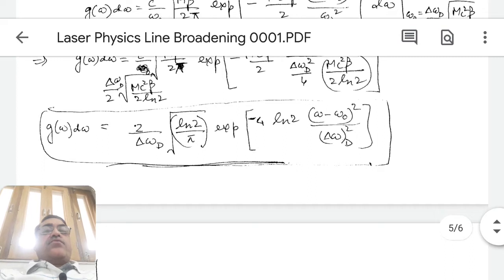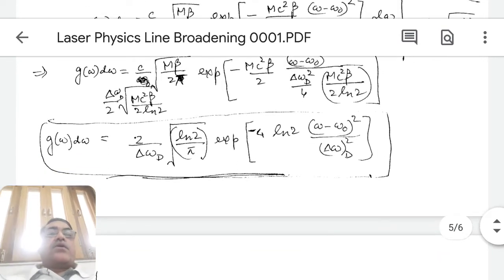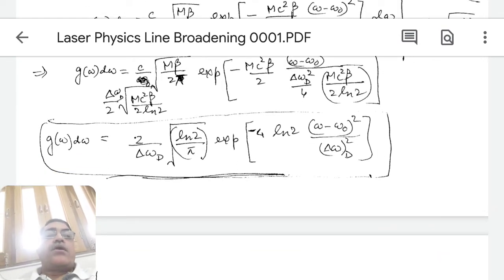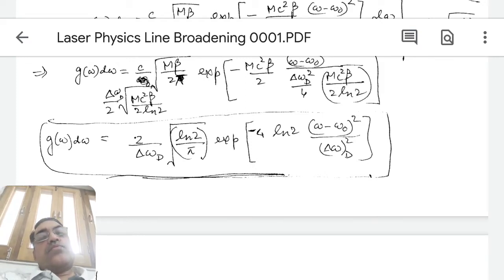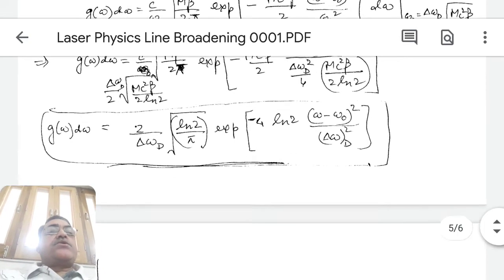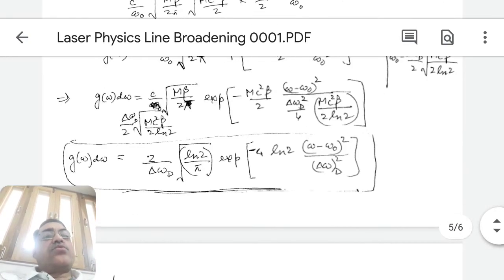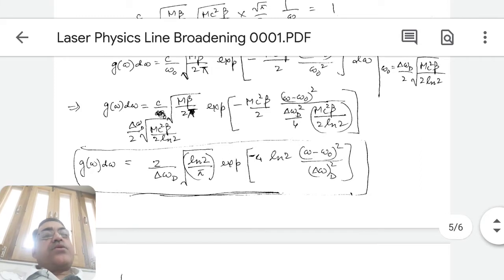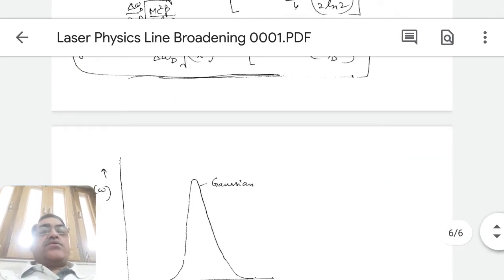And finally, what we obtain, g omega d omega is equal to c by delta omega d under root of natural log 2 by pi exponential minus 4 natural log 2 omega minus omega naught square by delta omega square.